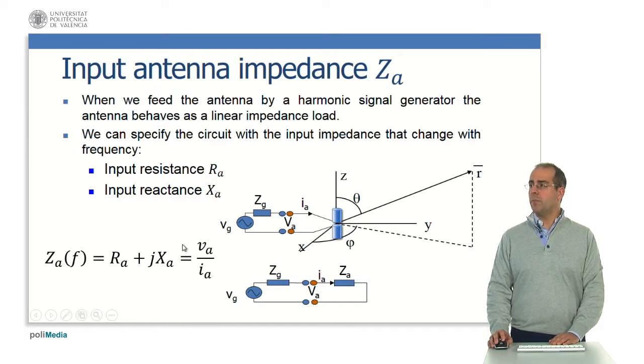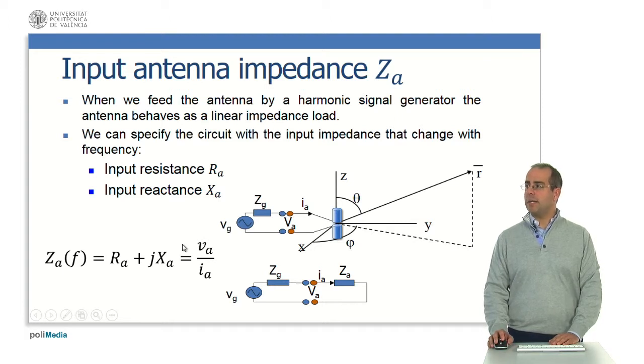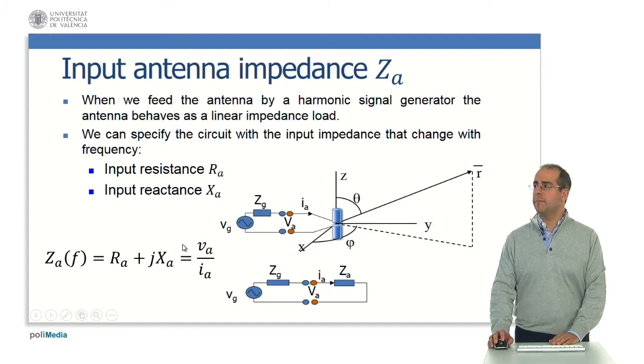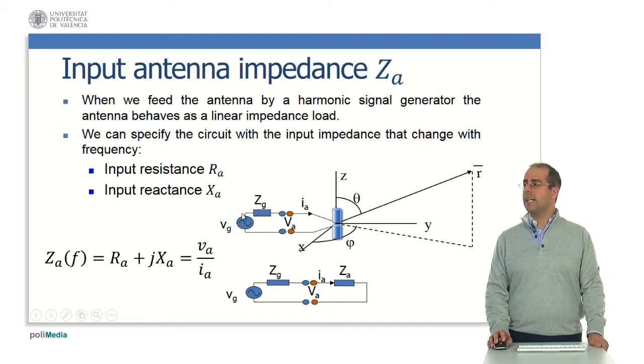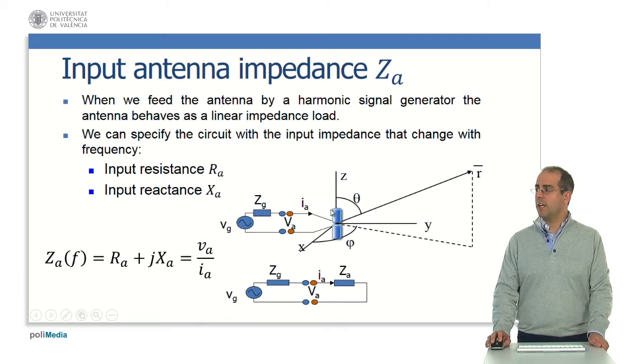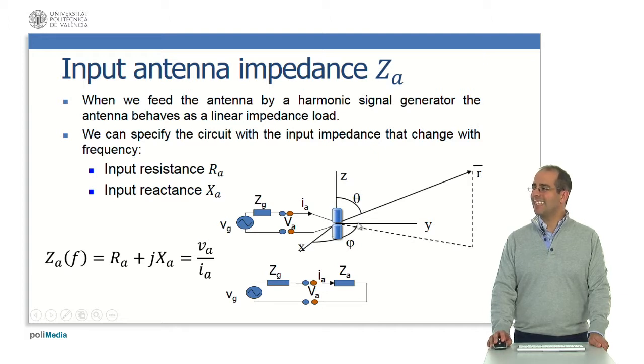So one of the most important parameters in a transmitting antenna is the antenna impedance. When we feed the antenna by a harmonic signal generator, the antenna behaves as a linear impedance load. Here we have the transmitting antenna. We can specify the circuit with the input impedance that changes with frequency.